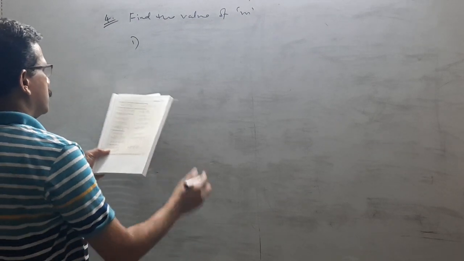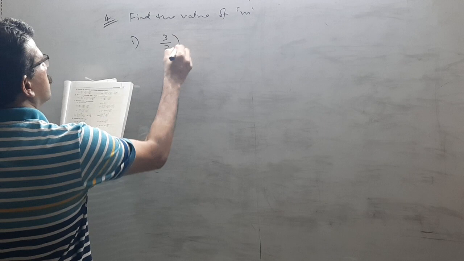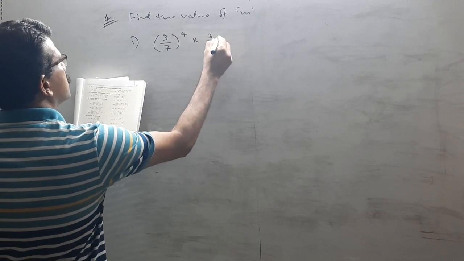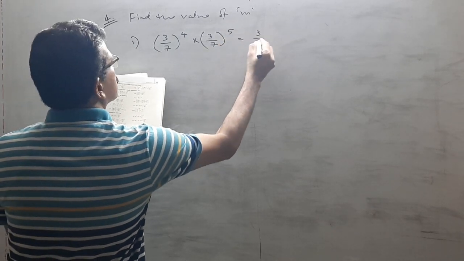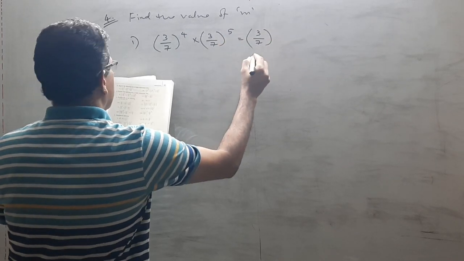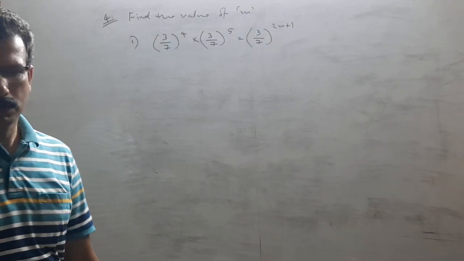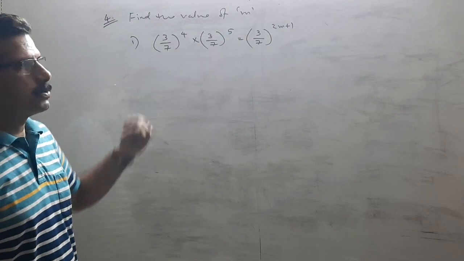Okay, so here it is written 3 by 7 to the power 4 into 3 by 7 to the power 5 equal to 3 by 7 to the power 2m plus 1. Simple thing. Which rule?